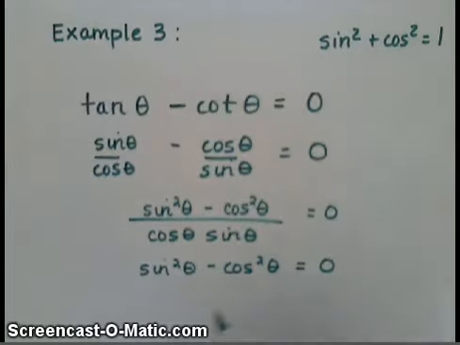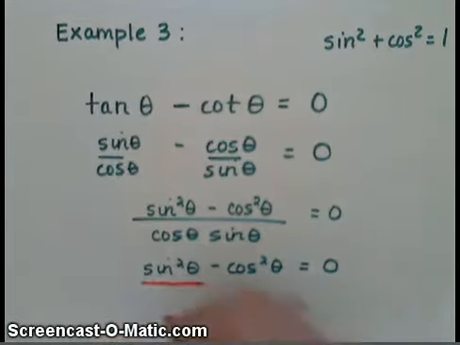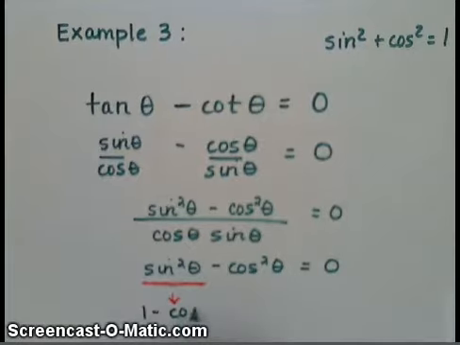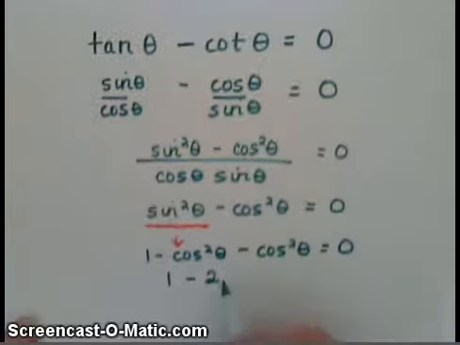So we could replace the sine square with 1 minus the cosine square, minus the cosine square, which is 1 minus 2 cosine square theta.